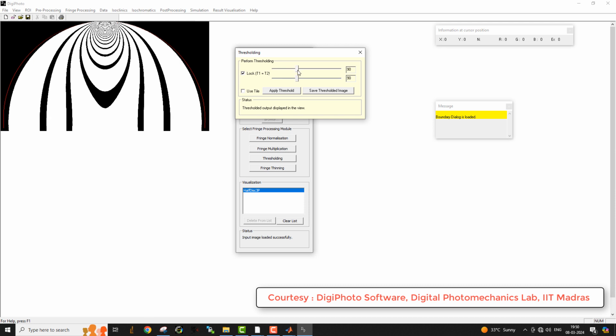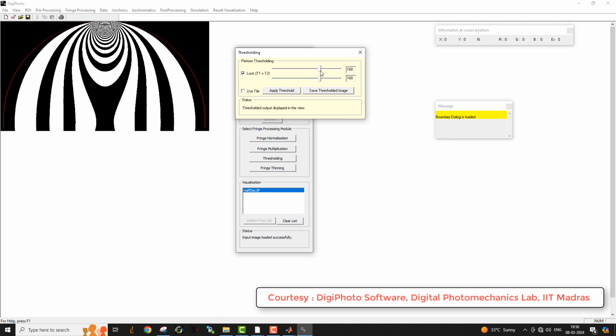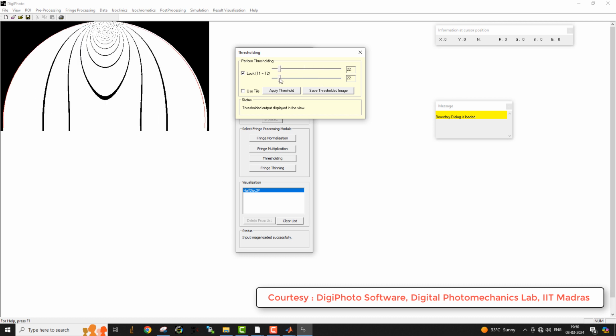Since there is a difference in the fringe gradient zones, as I go on increasing the threshold, I get discernible fringes here, and the resolution becomes very high here, whereas here if I were to reduce this and get very little resolution, meaning almost the skeleton, I have loss of data at the high stress gradient zone.